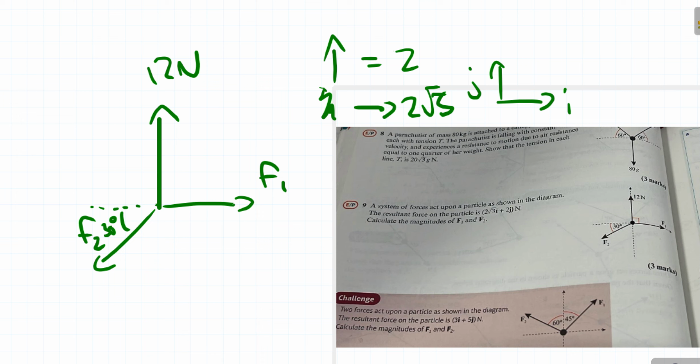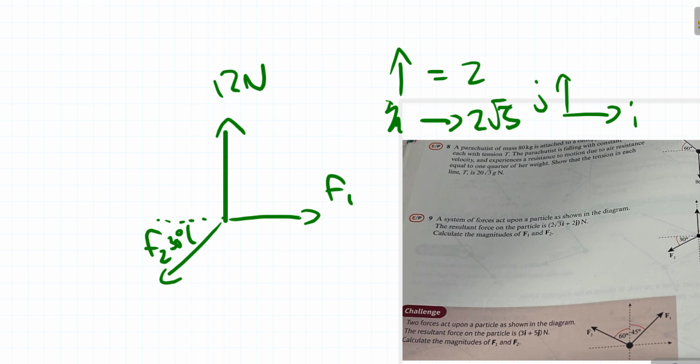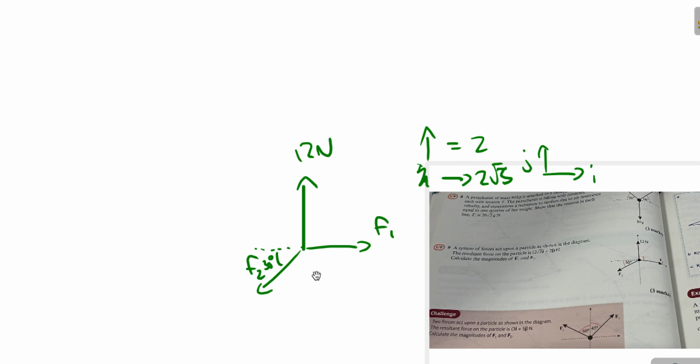From here we can build up our formula. There's a resultant force on the particle, so we can't say that up and down equal each other. But we know that the upwards force minus the downwards force is equal to 2, because we're taking upwards as positive. The upwards force in this situation is 12.